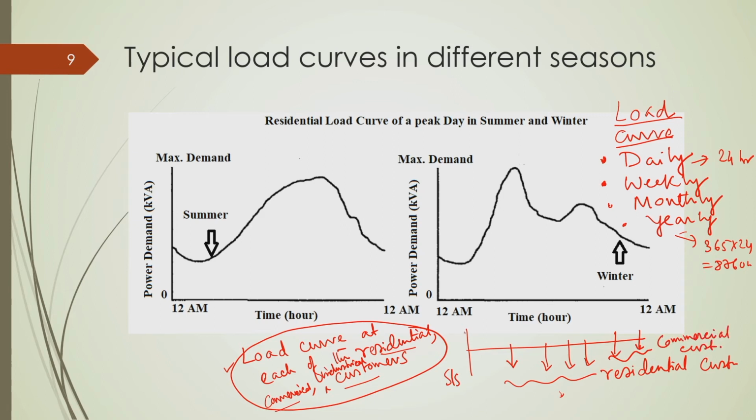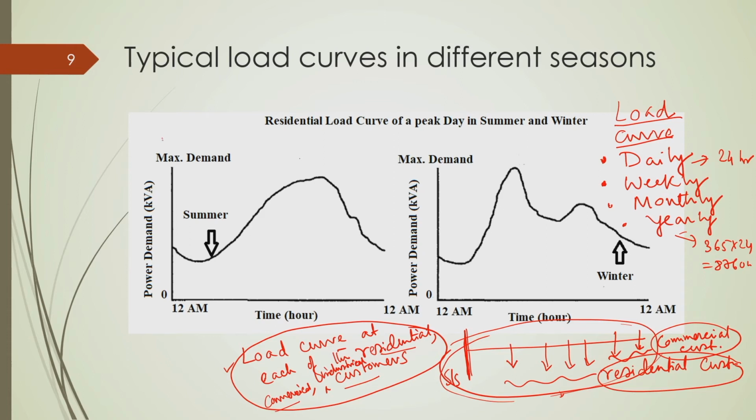Now, when we talk about the load curve of the whole feeder, it is basically the aggregation of the individual load curves of these 4 residential customers and 2 commercial customers. They might have individual load curves, but the load curve of the overall distribution feeder is the aggregation of the load curves of individual customers present in that feeder.